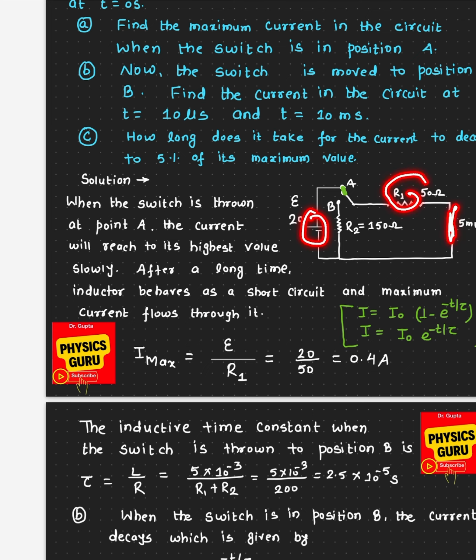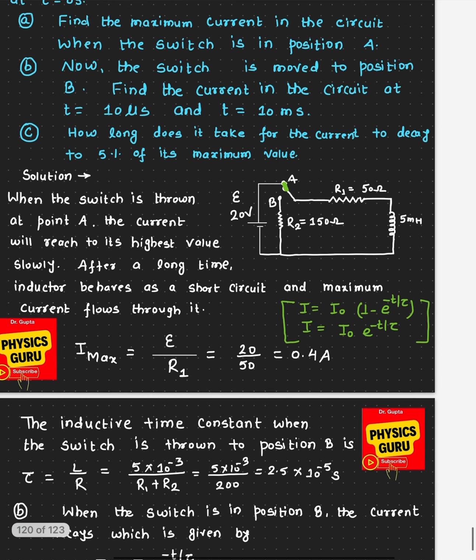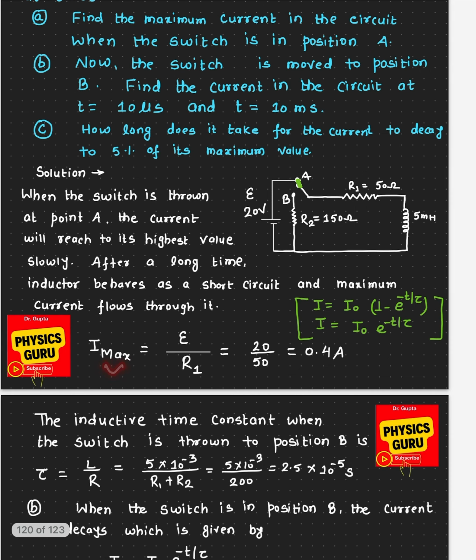We're not taking the inductor into account because it behaves simply as a wire. So I max will be epsilon divided by R1, where the potential difference of the battery is 20 and the resistance is 50 ohm. This is the current in the circuit when the switch was in position A.